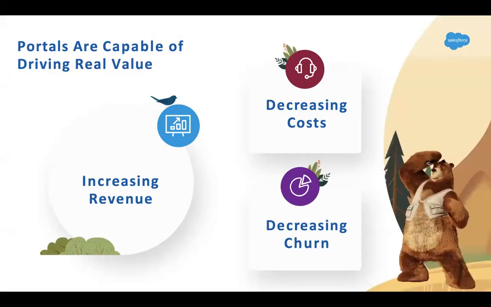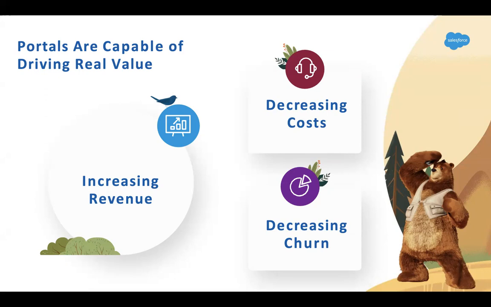And now the portals are very capable of driving real value, as I said. With the recent generation growing, it's a different story altogether, right? From the 1990s to the 2020s, the 2020s kids, wherever they are, have mobiles, iPads, iPhones, everywhere in their hands.